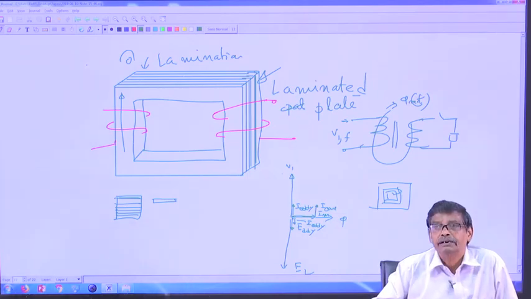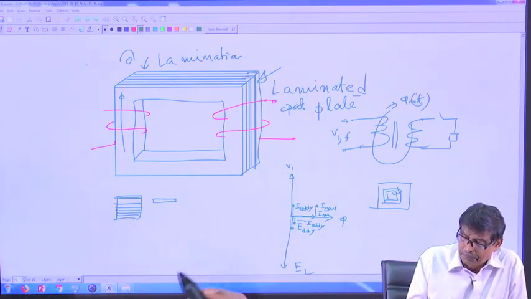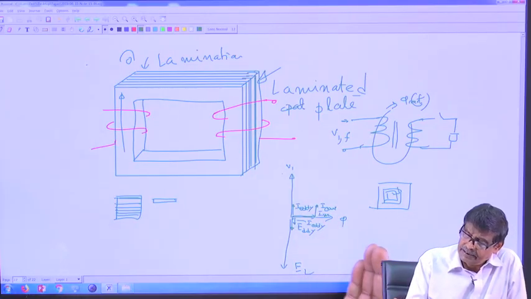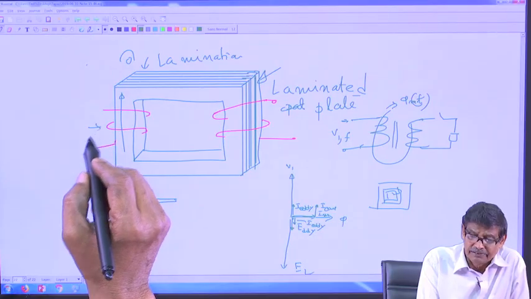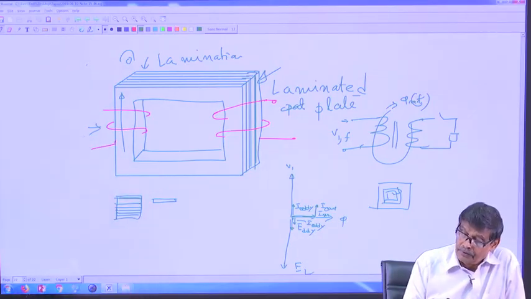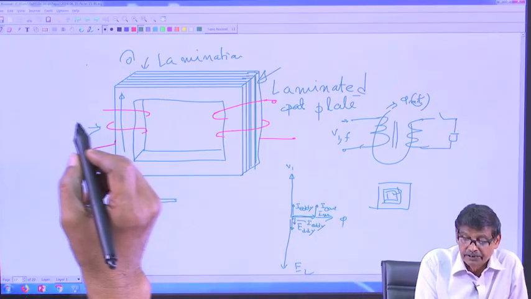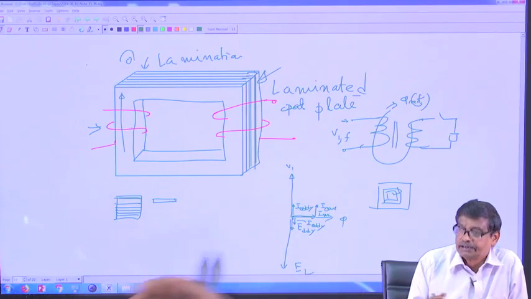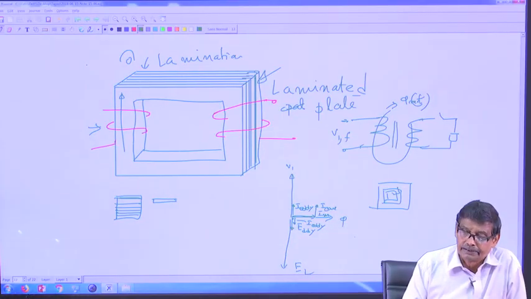Another way of interpreting the result. Got the point. But anyway, what people say is that this eddy loss, after all the power has to come from the source, therefore, there will be another small component of current drawn from the source, which must represent eddy current, that will be in phase, and can be physically interpreted like this.